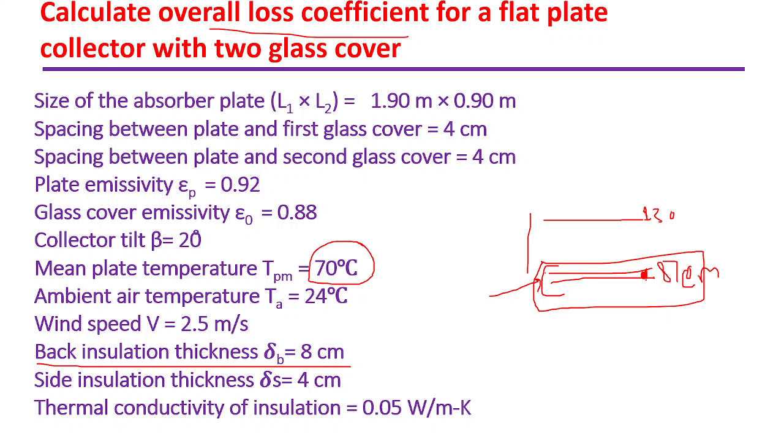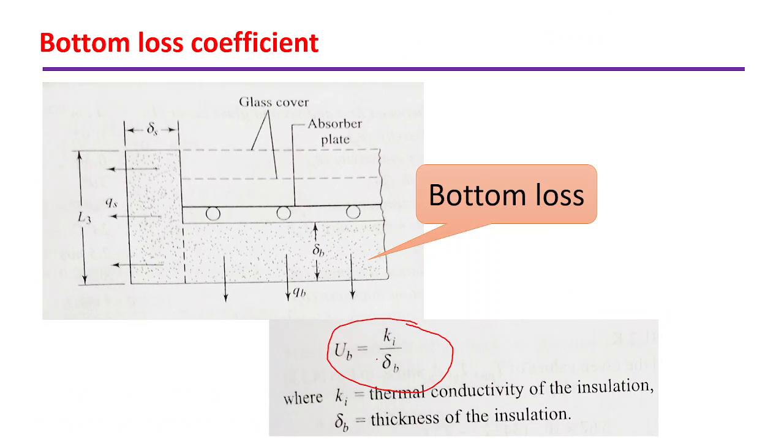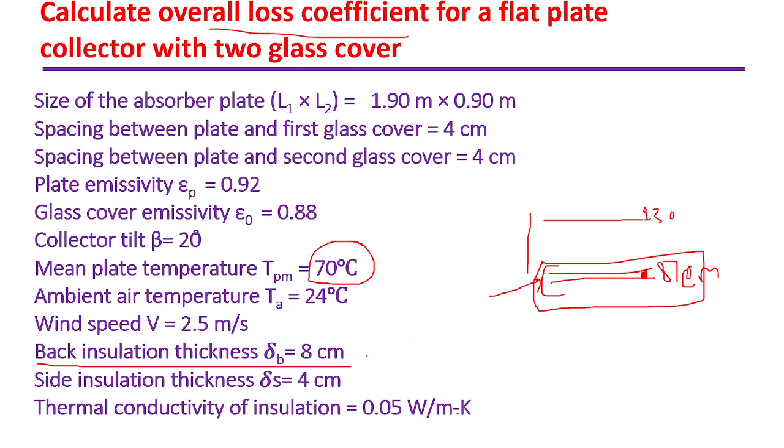It is 8 centimeter, and the thermal conductivity is 0.05 watt per meter Kelvin. The formula is Ki upon delta B. I said the units should be in the same format, so we convert to meter by dividing by 100, so it will be 0.08 meter.